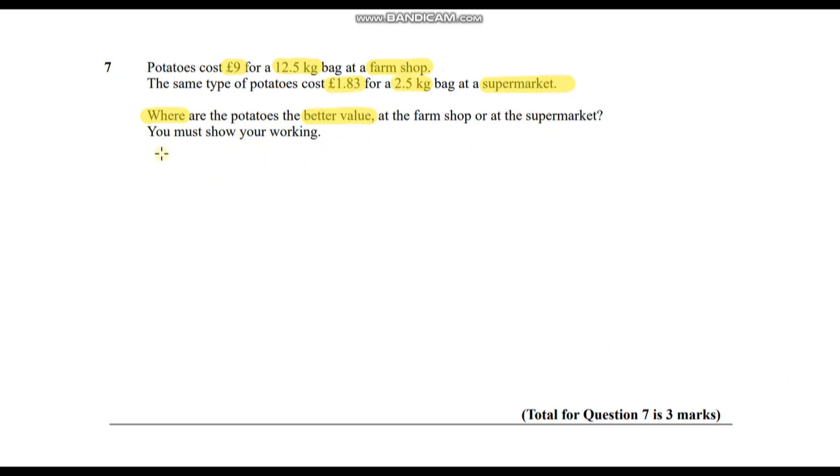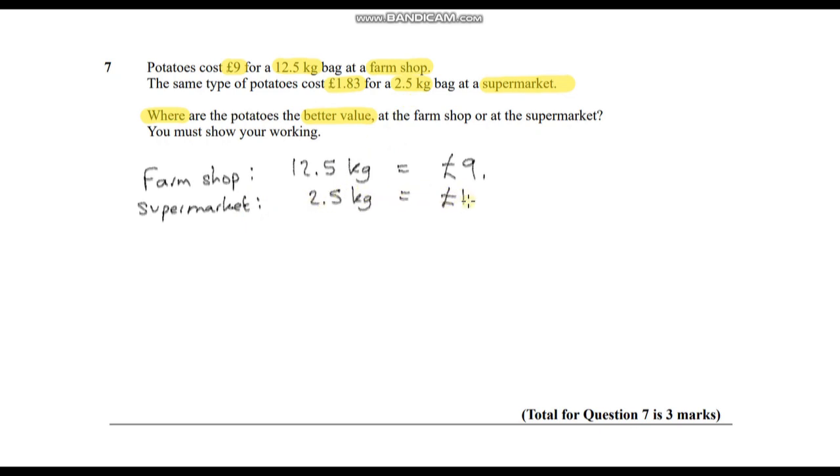So let's think about the farm shop first of all. For 12.5 kilograms, that costs £9. And the supermarket, for 2.5 kilograms, costs £1.83.